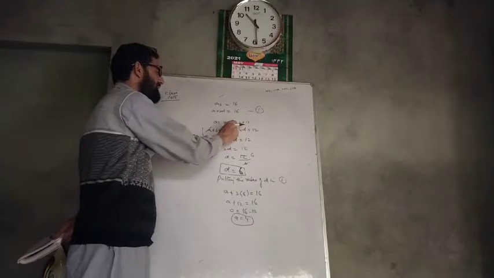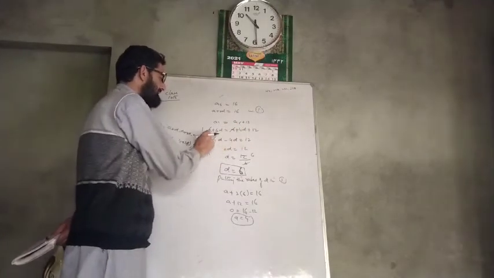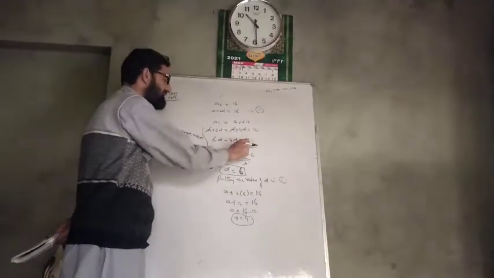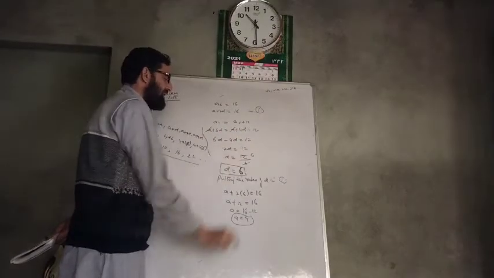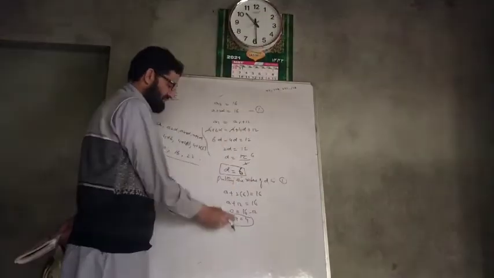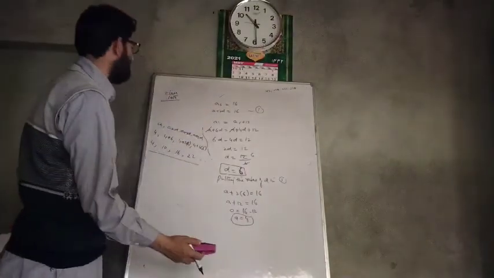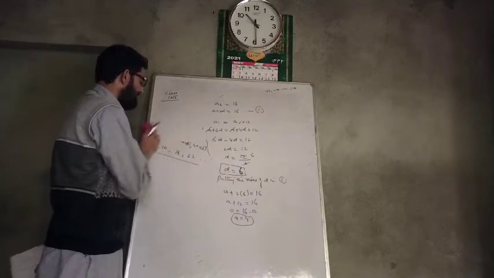So the fifth term is A plus 4D, plus 12. A and A will get cancelled. We are left with 6D minus 4D equal to 12, so 2D is equal to 12. D is 12 by 2, that is 6. Now putting the value of D in equation first, we find A is equal to 4. Now we can form this AP. So this is how it goes. This was question number 15 of your exercise.